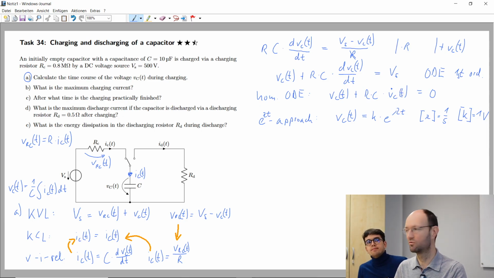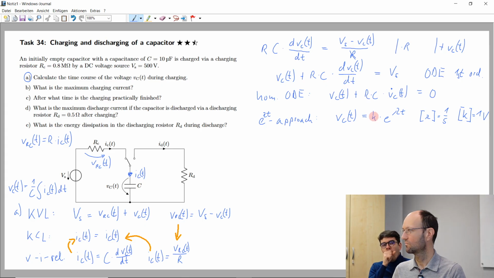Do you have another idea? Why do we need them? From a graphical point of view, if we would plot this exponential function, what does the factor k do with the function?